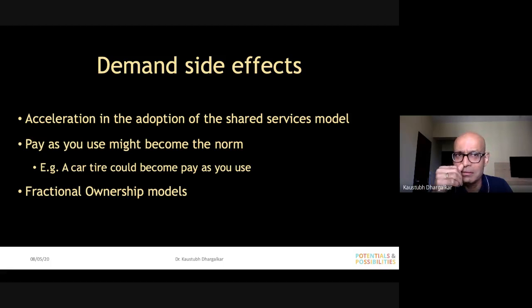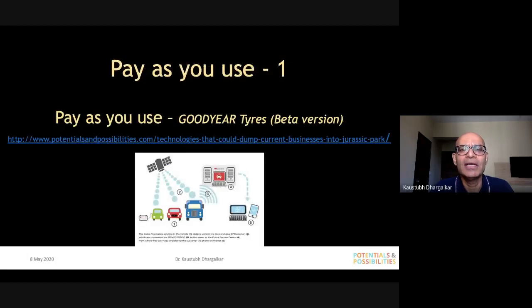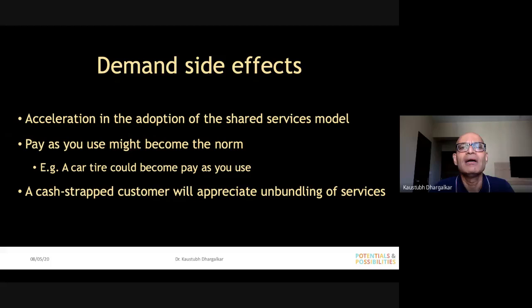Let all of you start thinking about how, and the modus operandi of trying to inculcate some of these models that we've been talking about. Now, this is pay as you use, we talked about. I would say a cash-strapped customer will appreciate unbundling of services. So, in your offering, how can you unbundle your services just the way airlines have done?